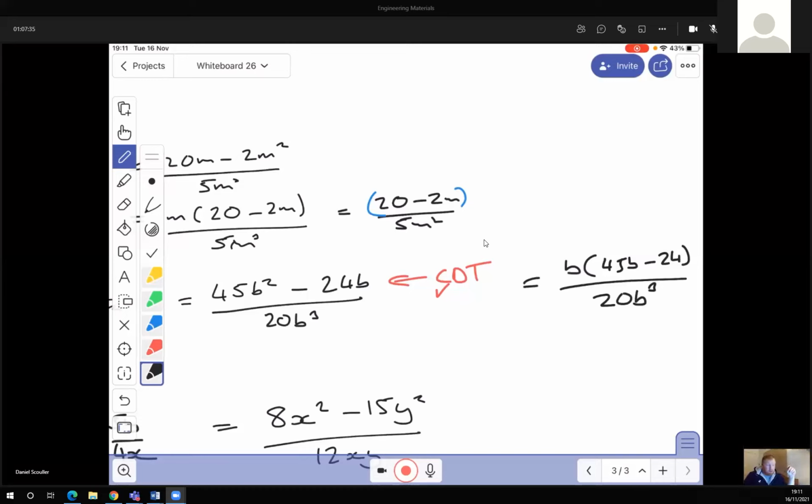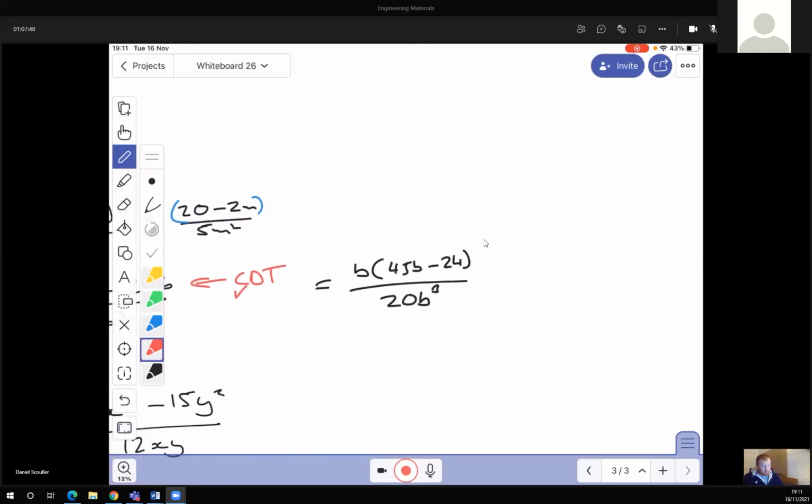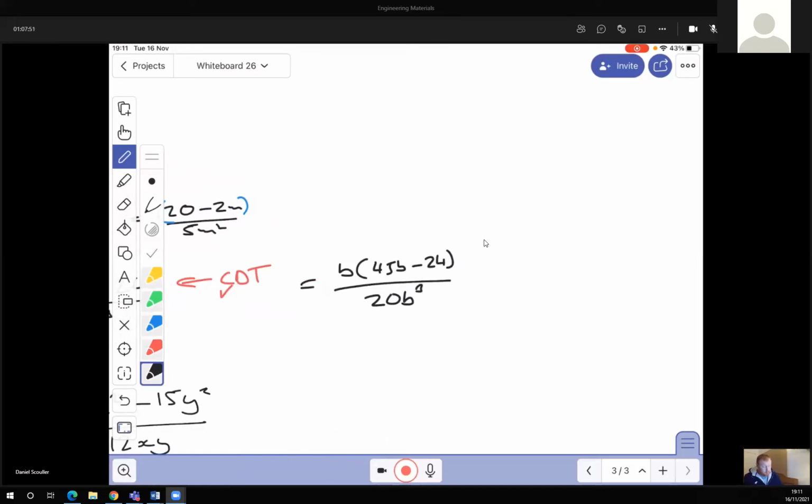We can remove that b, cancel out that b with one of the b's below that. So you've got b to the power of 1 in the top line, b to the power of 3 in the bottom line. We can cancel that out and be left with 45b minus 24 over 20b squared. We've cancelled that b with one of the b's below.